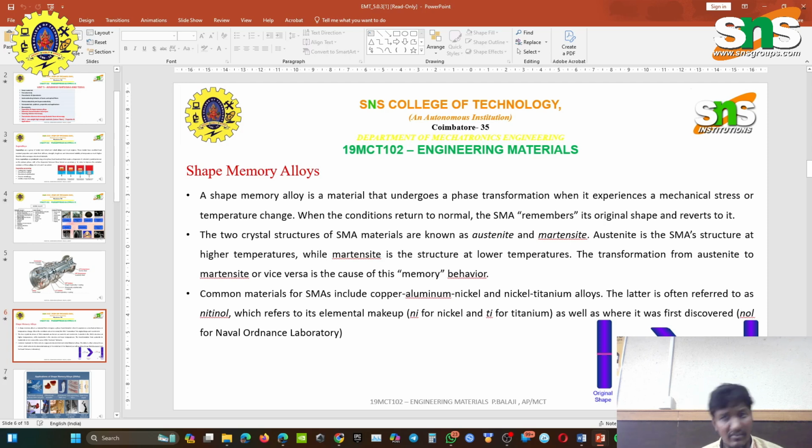The transformation between austenite and martensite, and vice versa, gives the memory behavior. The common materials for SMAs include copper, aluminum, nickel, and nickel titanium alloys, often referred to as nitinol. Nitinol is the basic alloy of nickel with titanium, first developed at the Naval Ordnance Laboratory.